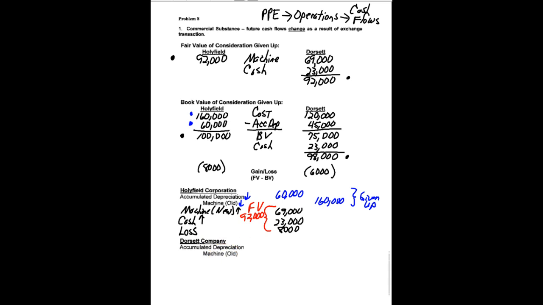Let's do the same thing for Dorset. So Dorset, we want to get rid of its old stuff, the old book value. So let's get rid of those: $45,000 accumulated depreciation, and $120,000, the cost of the old machine. Then they're going to get a new machine, right? So a new machine is coming in, and we're going to record it at fair value, $92,000.